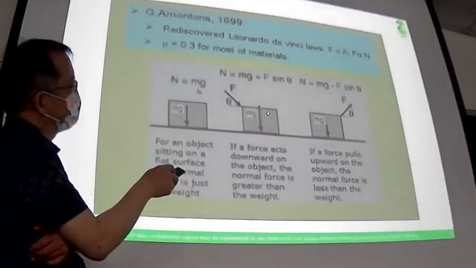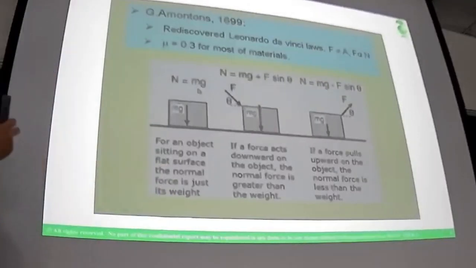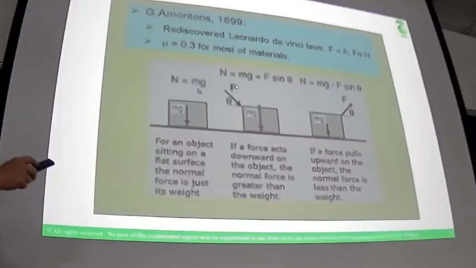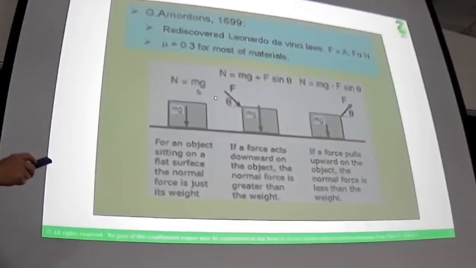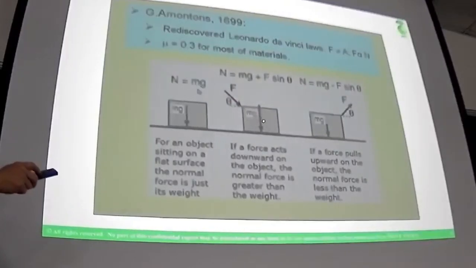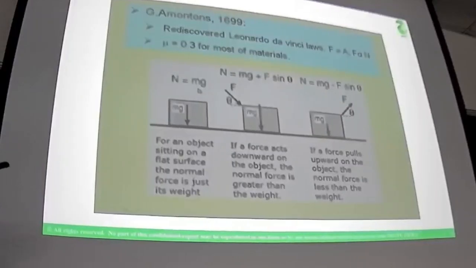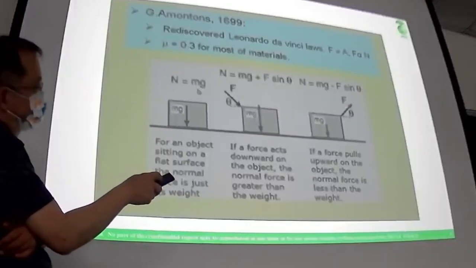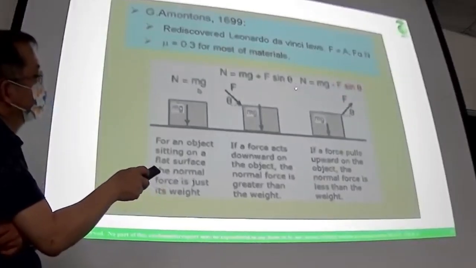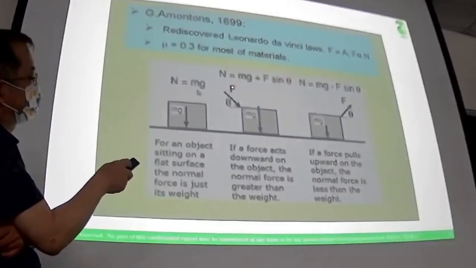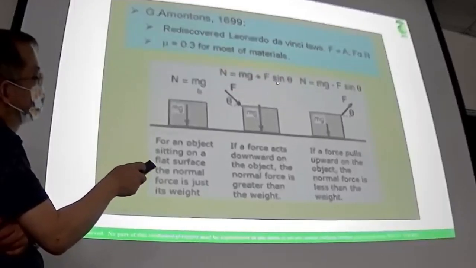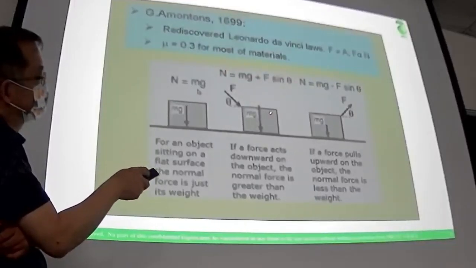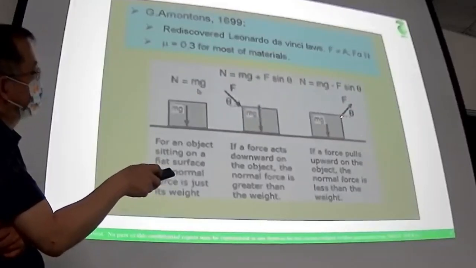So we have two different conditions. We have extra force applied on top of the surface. This is a pulling force on top of the object. We now know the normal force will change. So this is a different, this is a new normal force in this case. This is another case.